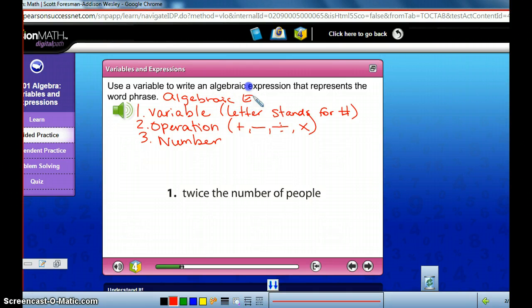An algebraic expression has to have a variable, which is a letter that stands for a number, has to have an operation, plus, minus, divide, times, and must have a number. So if you do your work tonight and you don't have all 3 of those things, you do not have an algebraic expression. You're missing something. You need to go back and redo it.